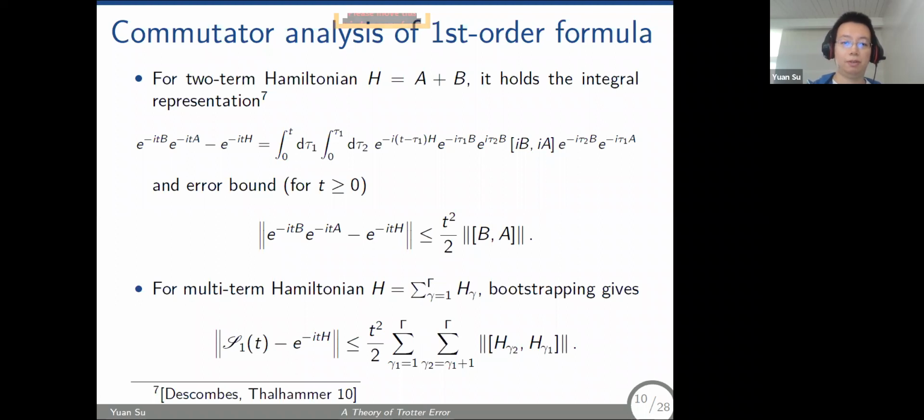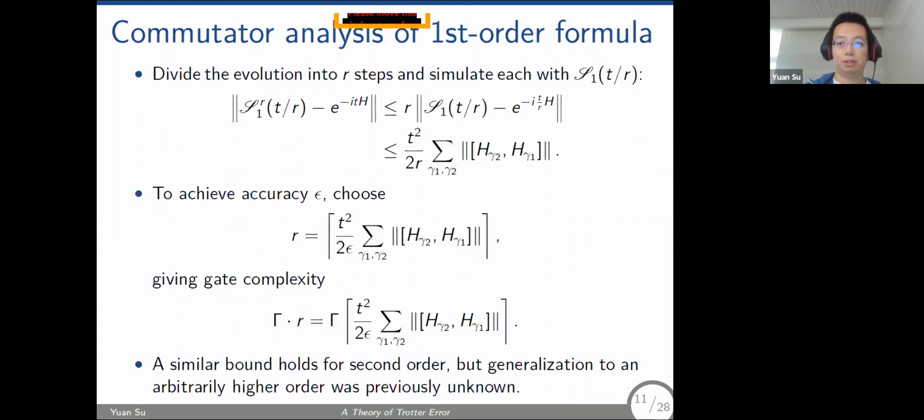Okay, so this is an expression for the Trotter error. We can now use this expression to analyze the complexity of this algorithm that I promised you earlier in this talk. So this algorithm will be dividing the evolution into R steps and invoking this product formula within each step.